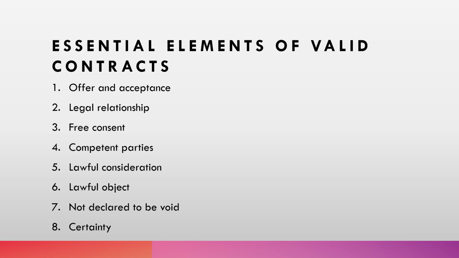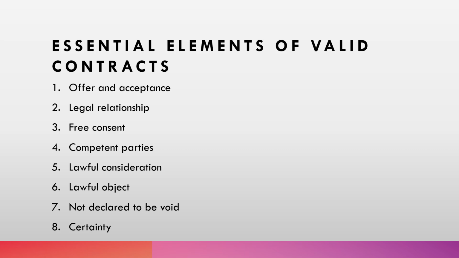Then free consent. Consent means that parties must agree on the same thing in the same sense. One person is offering something, and it is to be understood and agreed by the other person, then only it is called free consent.